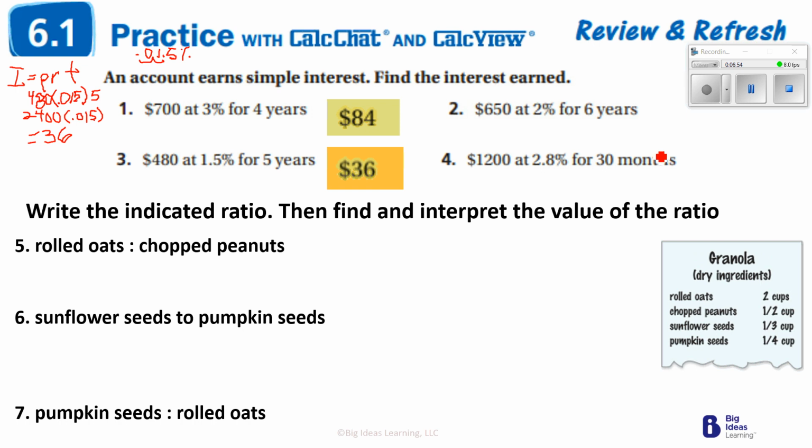So when it tells you that you're doing 30 months, you're going to have to take 30 months out of the number of months in a year. So we realized that the number of months in a year is 12.